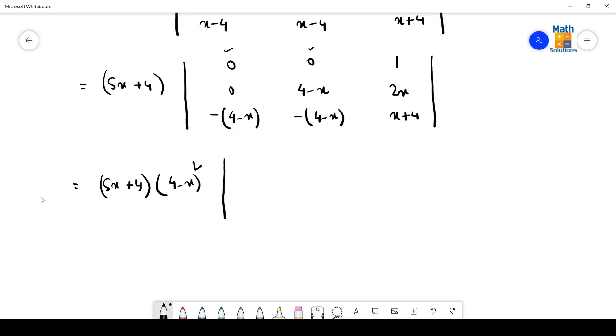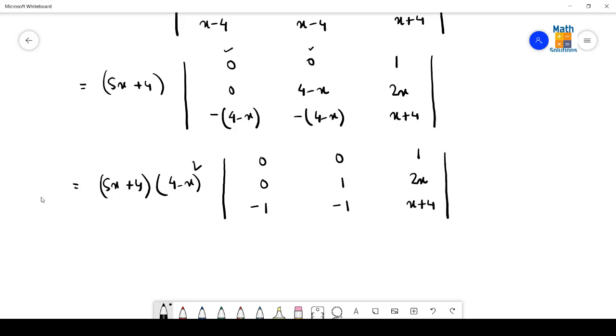So the remaining terms will be like this: 0, 0, 1, then 0, 0, 1, then 0, 1, twice x, then minus 1 is left, then again minus 1 is left, then x plus 4.